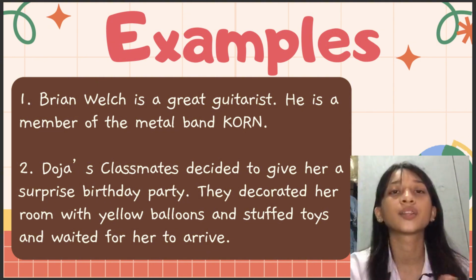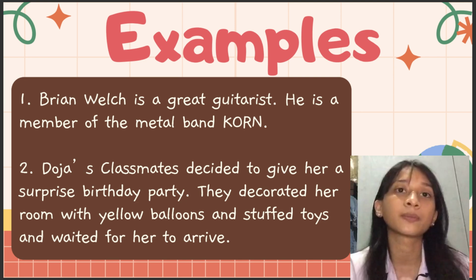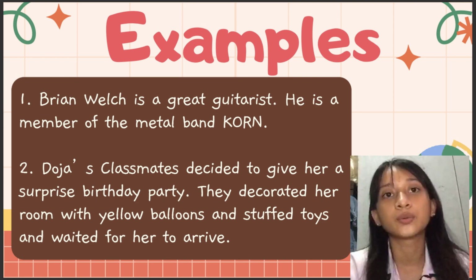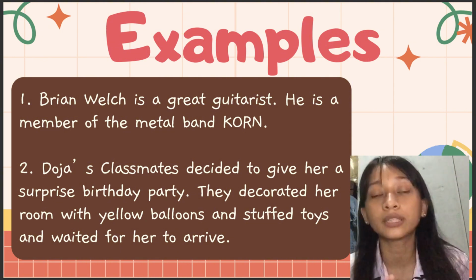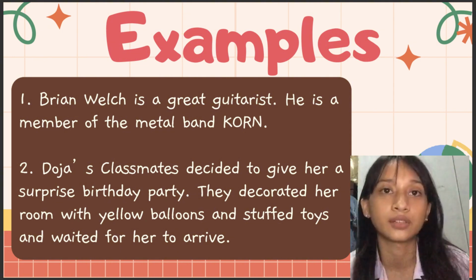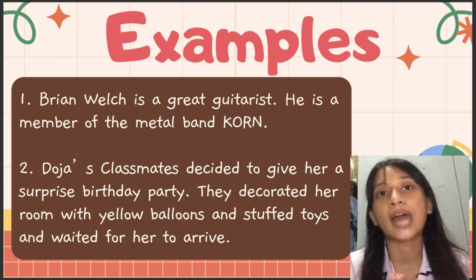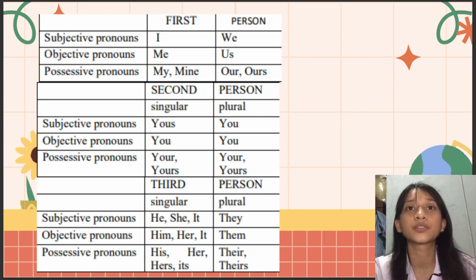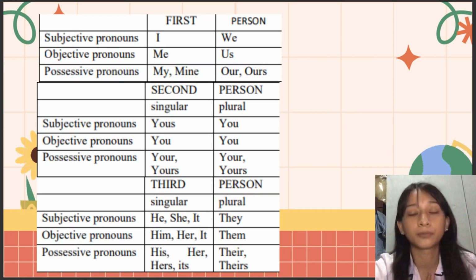On the other hand, the pronoun they is used to replace the noun Doja's classmates, since they are plural in number, neuter in gender, and the doer of the action, decorated. Now refer to the chart below to see the examples of personal pronouns.